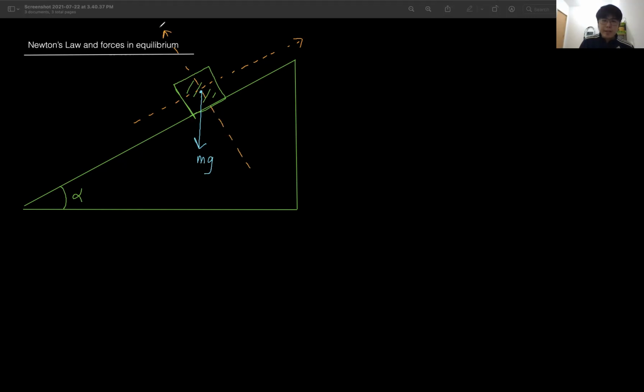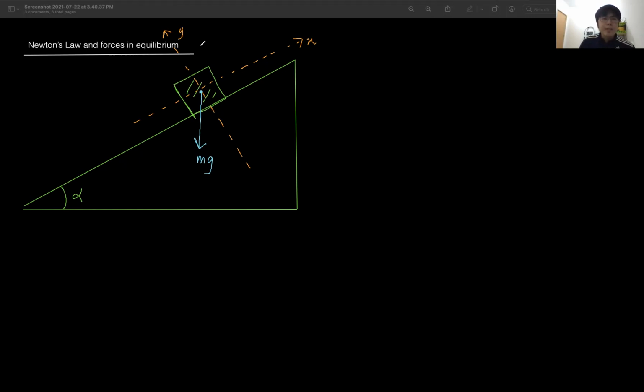If I take this reference, that means the mg is neither my horizontal nor my vertical, because it is not parallel to any of the axes. It's not parallel to the y, it's not parallel to the x. So I need to resolve the mg.